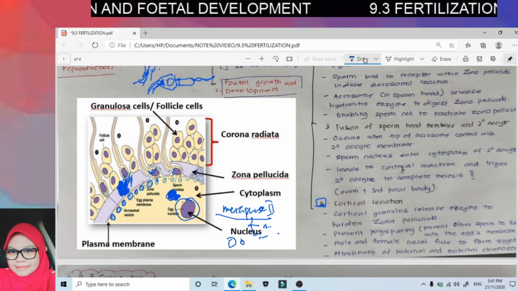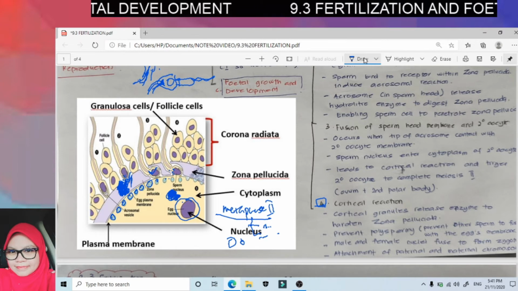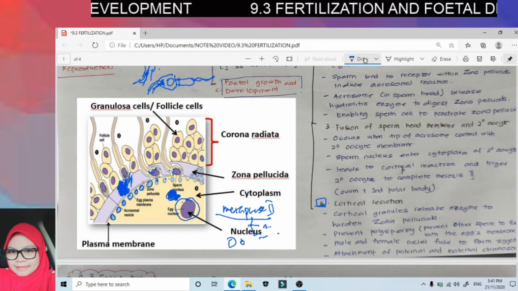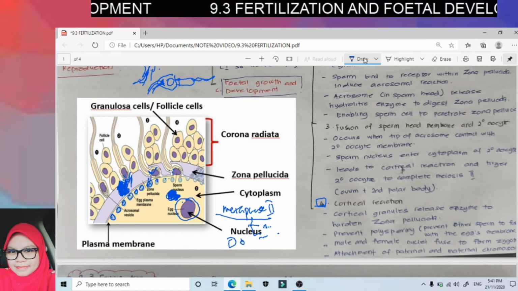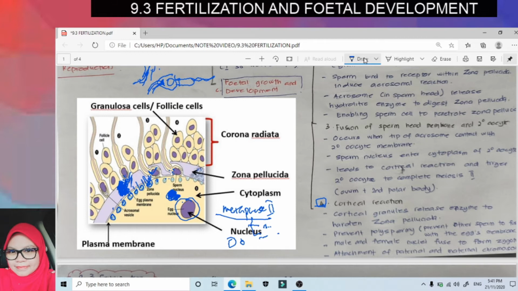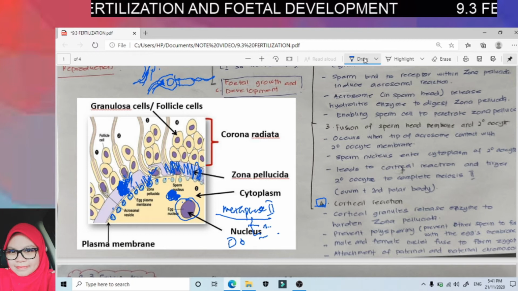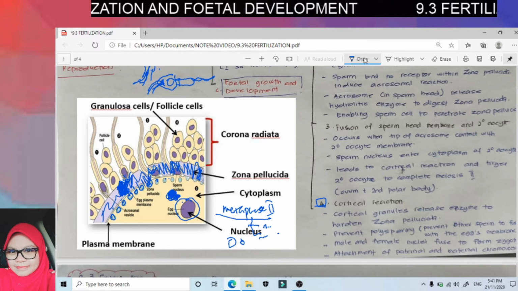Yang bulat-bulat ni cortical granule. Dia berada dalam egg cytoplasm. So this cortical granule will release enzyme. Dia akan keluarkan enzyme so that it will harden the zona pellucida. Dia akan keraskan zona pellucida.